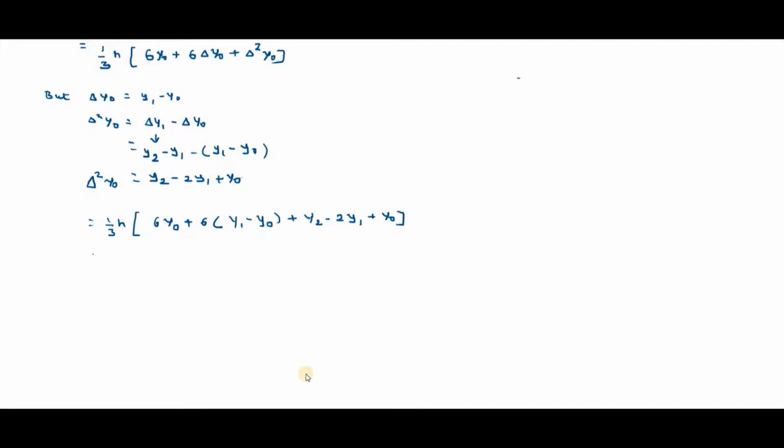Simplify this. This is equal to h divided by 3 into bracket. Now collect the terms containing y0. The term is 6y0 and 6 into minus y0 is minus 6y0, so both terms get cancelled, and at last we are left with only y naught.